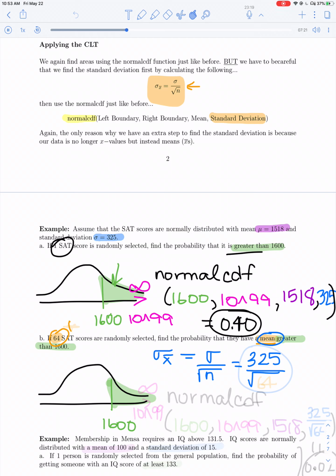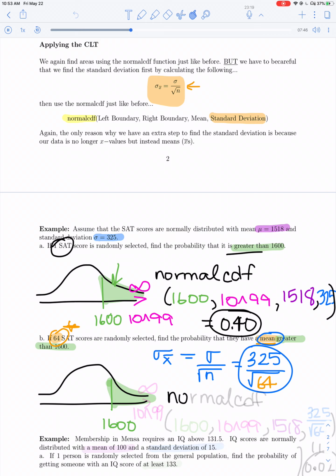Our sample size is that 64 we were just talking about, so we've got to divide by the square root of 64 and figure out what that is. Now, I would not round this value. Why? Because if we round this value, it's going to throw off our answer slightly, and that may cause some issues with my math lab. So I'm just going to plug that in as my standard deviation.